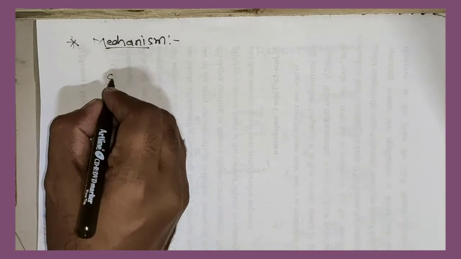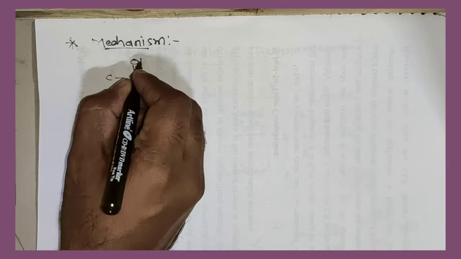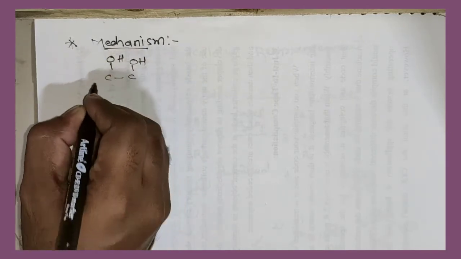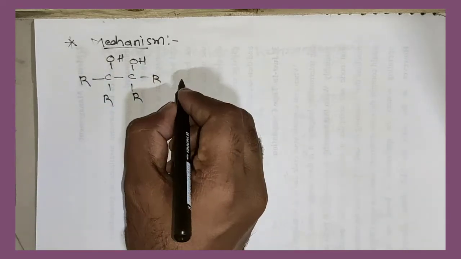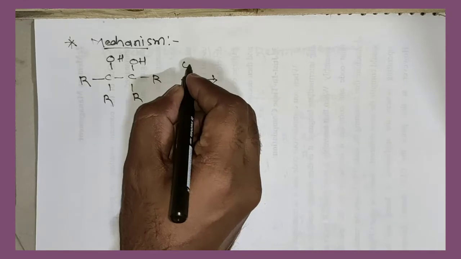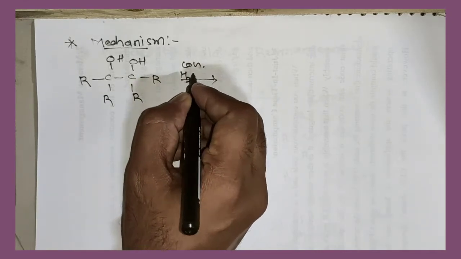Okay, let me move towards the mechanism part of this reaction. So let me take the same species, 1,2-diol. Let me consider the remaining valency of carbon as R. Now, as we discussed, we are going to use concentrated sulfuric acid.